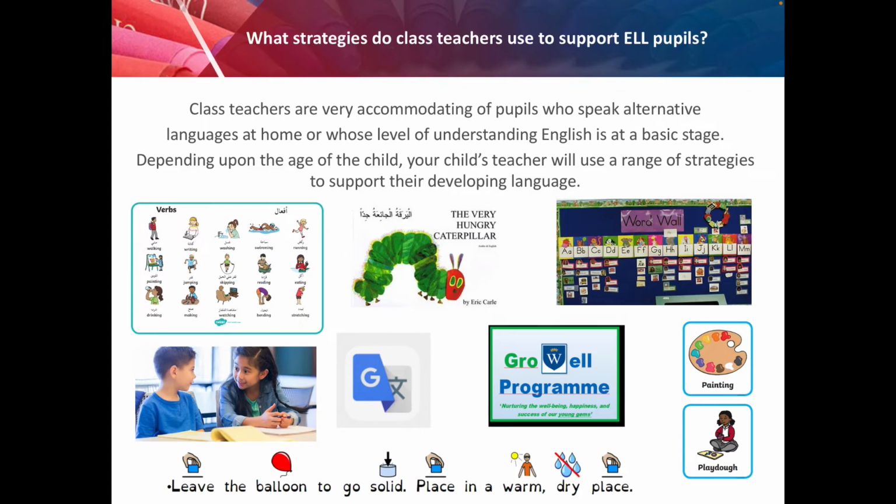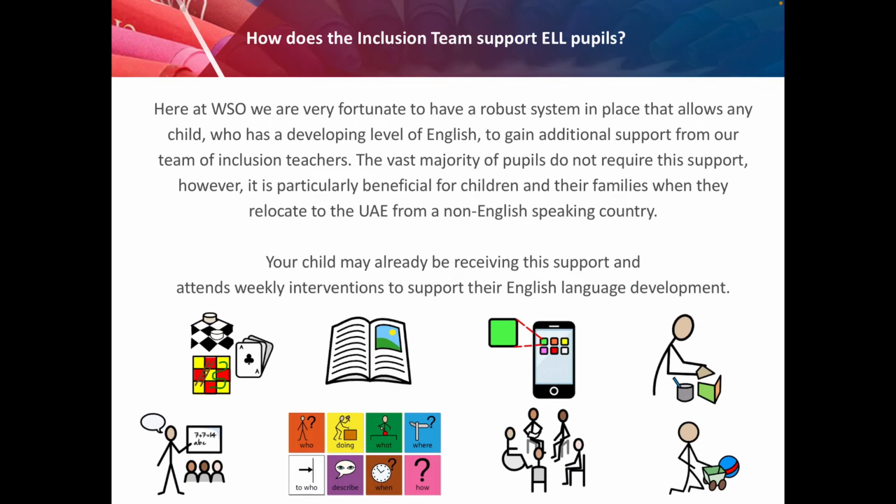Yeah, exactly. So in our roles as inclusion teachers, we have a range of strategies that we use to support our ELL pupils, and we're very lucky to have a really robust system in place that allows any child who has any level of English to get some additional support from our team of inclusion teachers.